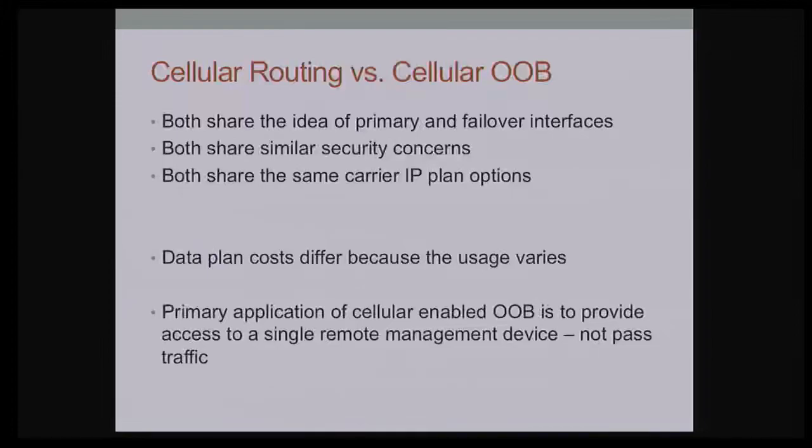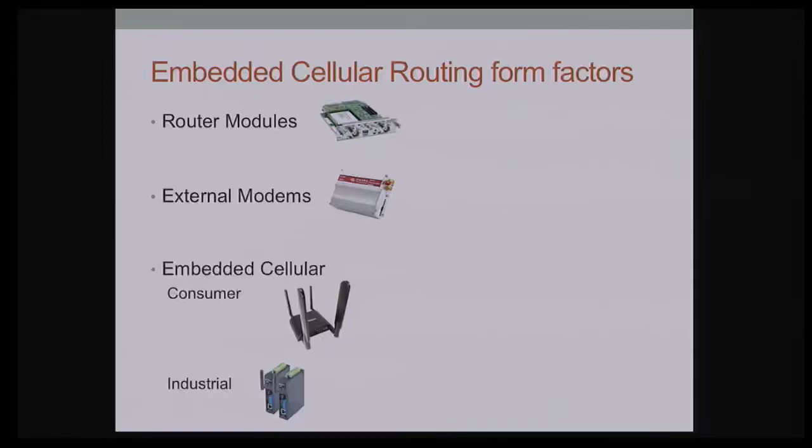So both share the idea of a primary and a failover interface. Both are similar in the security concerns, and both share similar IP plans that you can get from the carrier. But there's differences in how you deploy them, what kind of security policies you'd put in place, and also the costing on the plans.